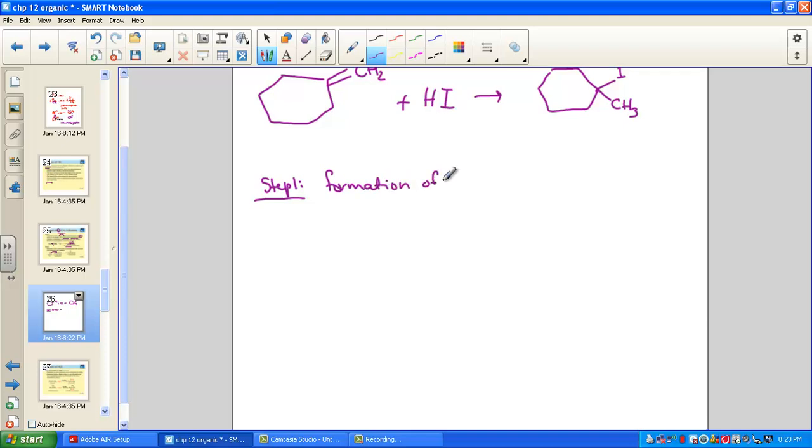I'm going to write that. Formation of a secondary carbocation by the addition of the hydrogen. And that hydrogen adds to the carbon that has more hydrogen on it.